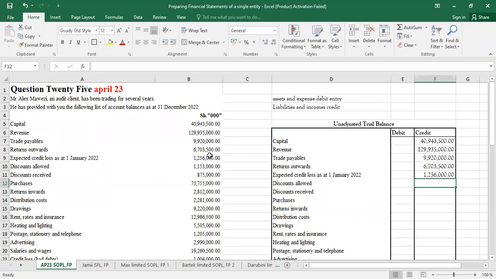Then we go to the next thing, discount allowed. So we are purchasing something, isn't it? And we are allowed a discount, isn't it? So it means our purchases increases. So that one will have a debit entry.